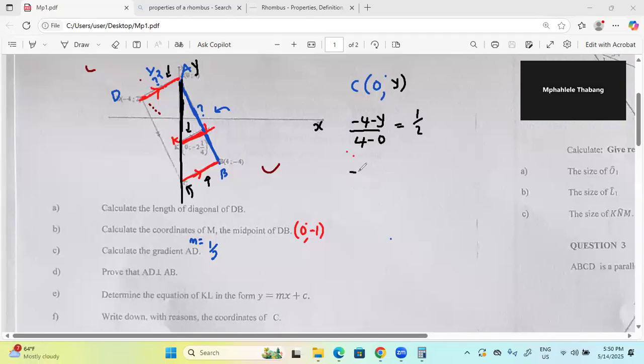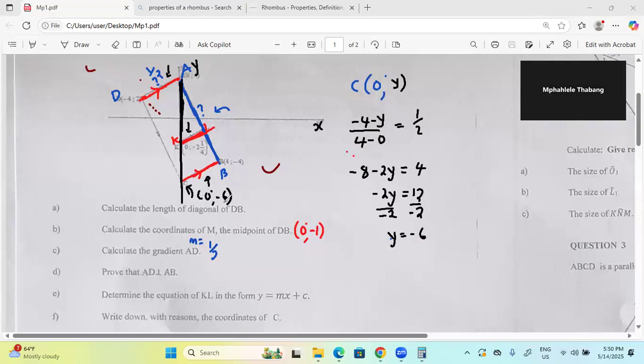So I'm going to have minus 8 minus 2y after cross multiply, equals to 4 minus 2y equals to 12. Divide both sides by minus 2. y equals to minus 6. So the coordinates of C actually is 0 and minus 6.